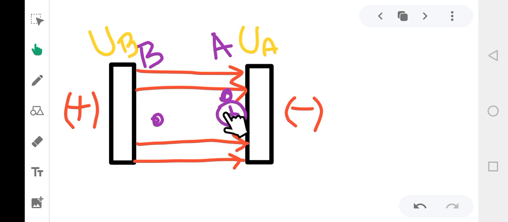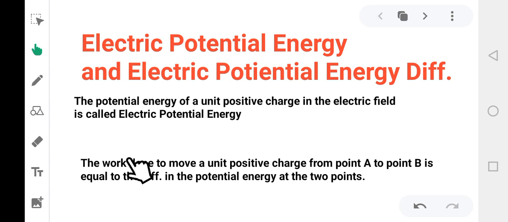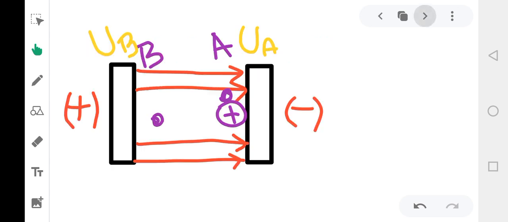Let's say I have the charge at point A. If I take it to point B, I will need some work to move this charge towards point B. And what is this work? According to this definition, this work is equal to the difference in potential energy at the two points.